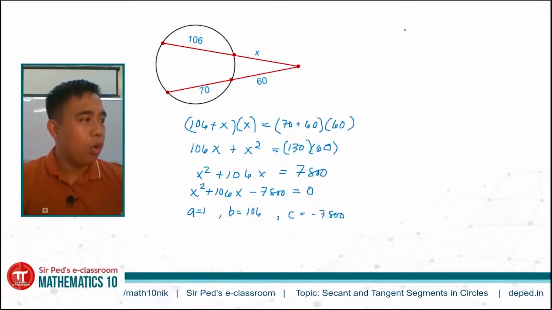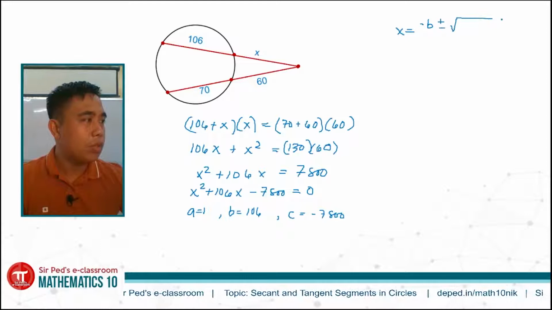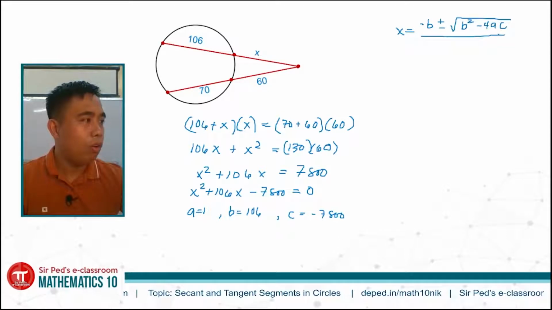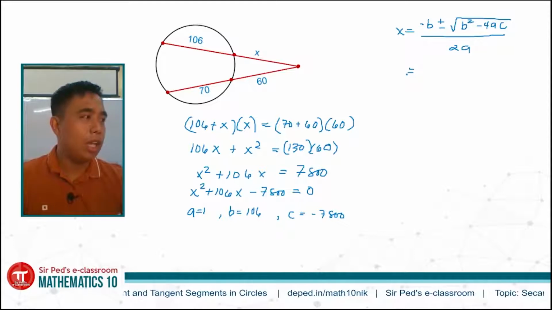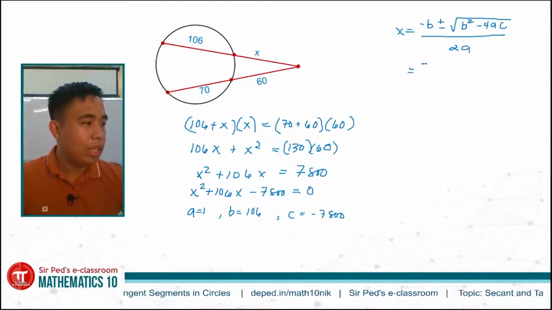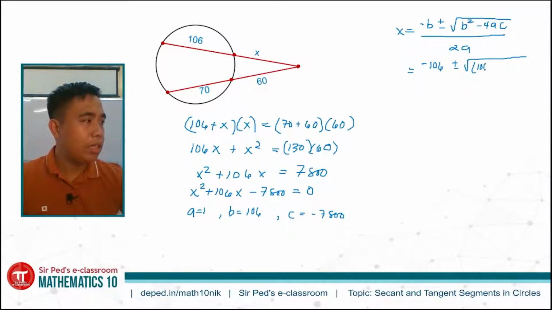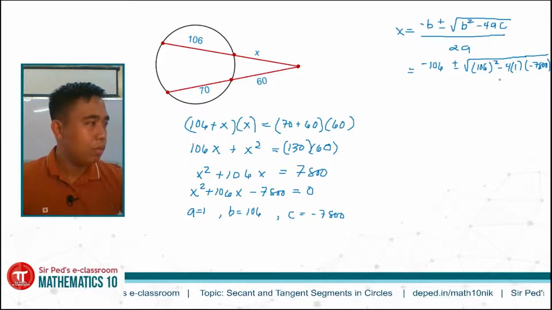Recall na yung quadratic formula natin ay negative B plus minus the square root of B squared minus 4AC all over 2A. So, gagamit tayo ng calculator. So, negative B is negative 106, substitute lang, plus minus the square root of B ay 106 squared minus 4 times our A ay 1, and then our C ay negative 7,800. Okay?